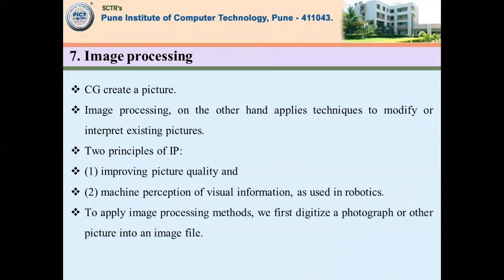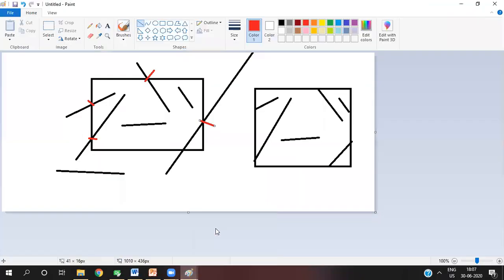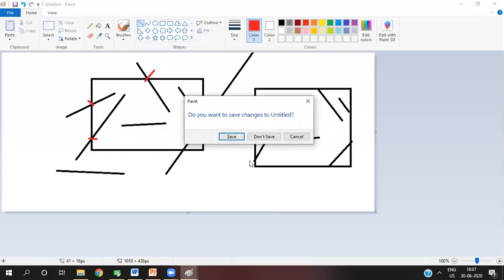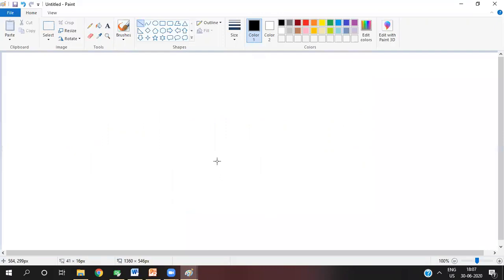So let's understand with the help of an example how you can perform the line clipping. Fine, I will clear it and let's understand how one can perform the line clipping.